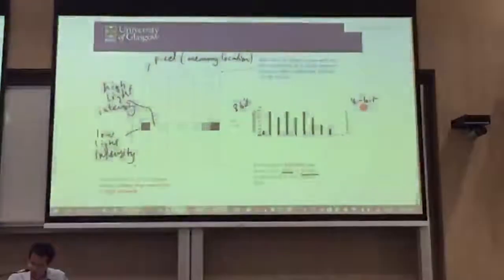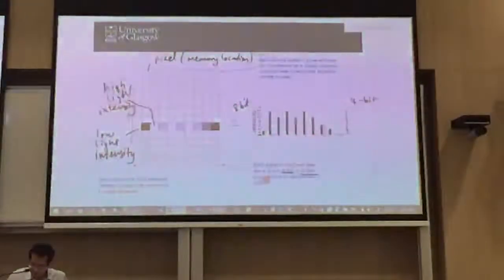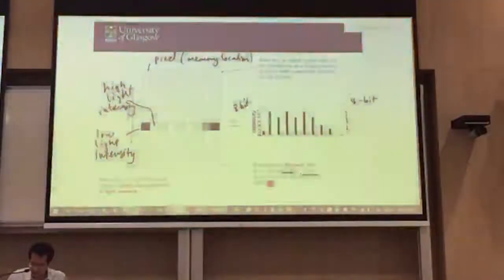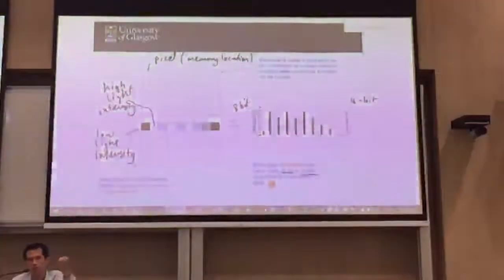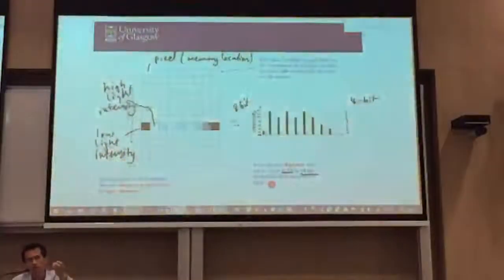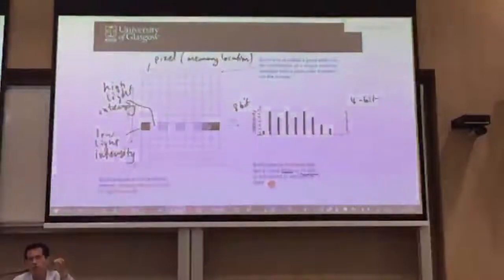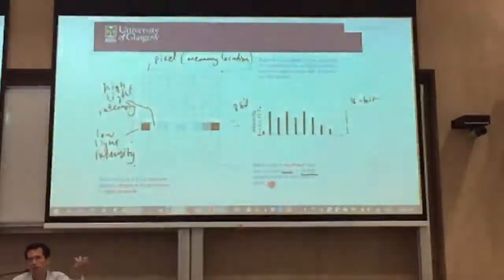Later on, we're going to be talking a little bit about this. What it means is that if the light is shining onto it, whatever is captured by your CCD, your charge coupled device, that amount of charge is proportional to the light intensity.